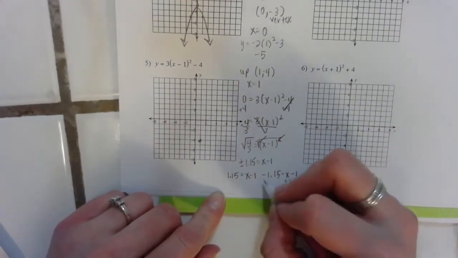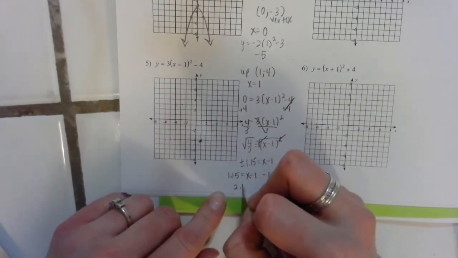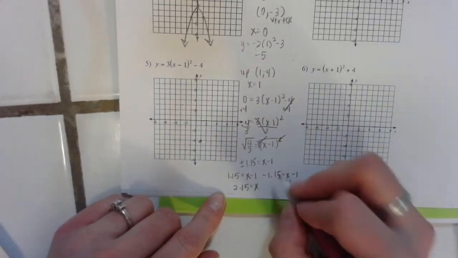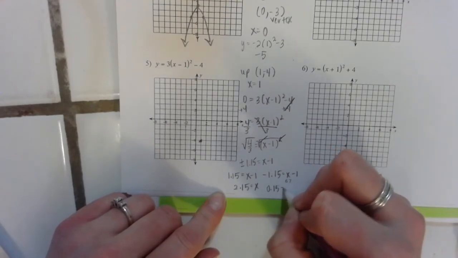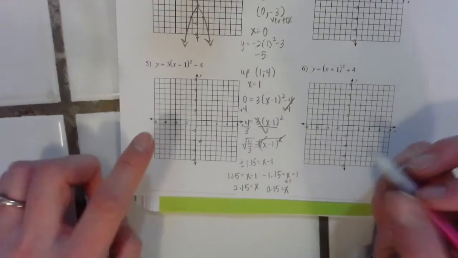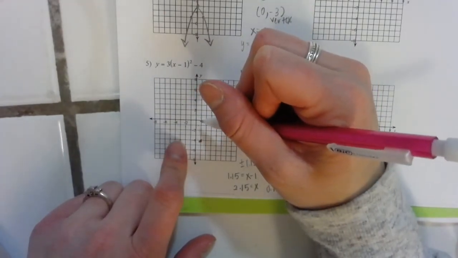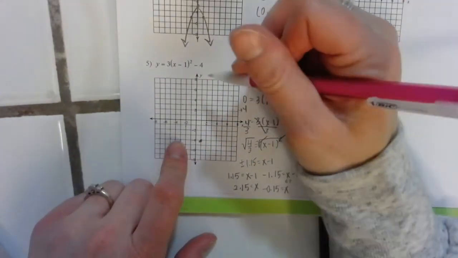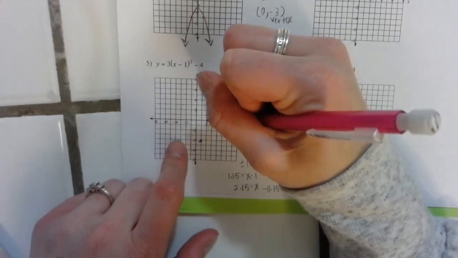I add 1 to each side. 1 and 1 would give me 2.15 is equal to x. And when I add 1 here, then I get negative 0.15 is equal to x. So on my x-axis, I'm going to go over to 2 and then a smidge, like 0.15.